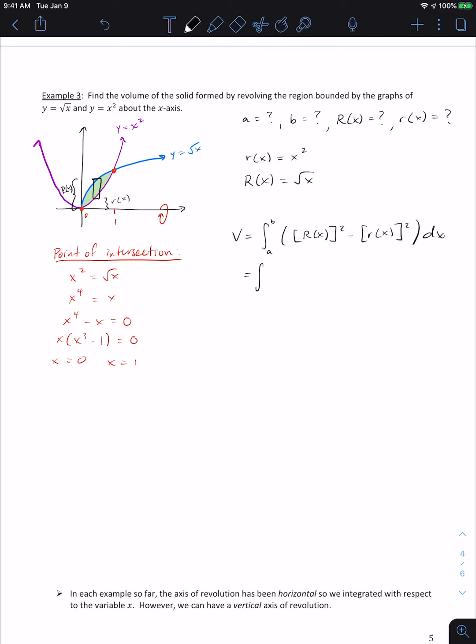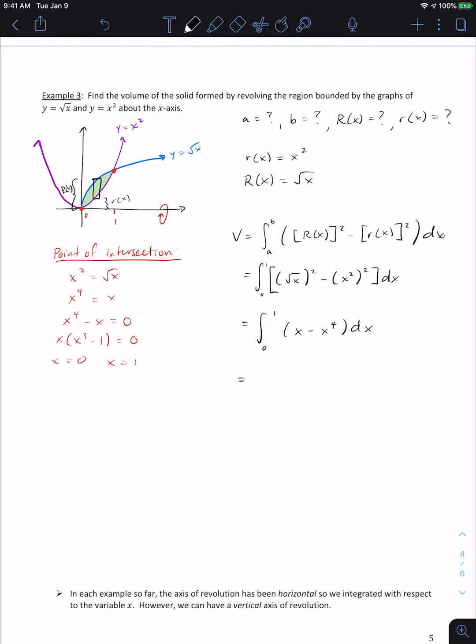So this will be the integral from 0 to 1 of big R of x, which is the square root of x, squared, minus little r of x squared. Little r of x is x squared, dx. So here it is the integral from 0 to 1 of x minus x to the 4th dx.